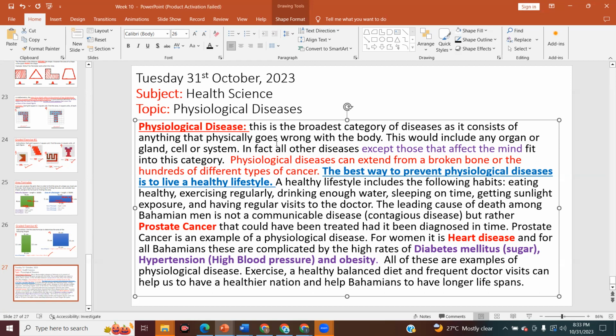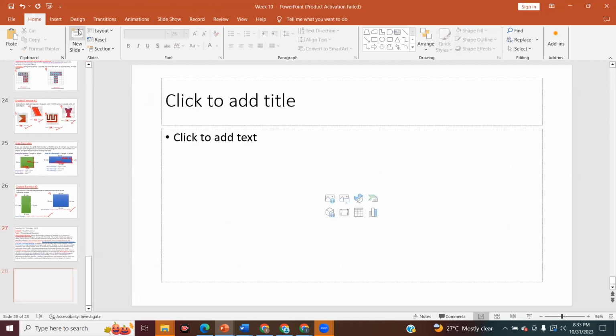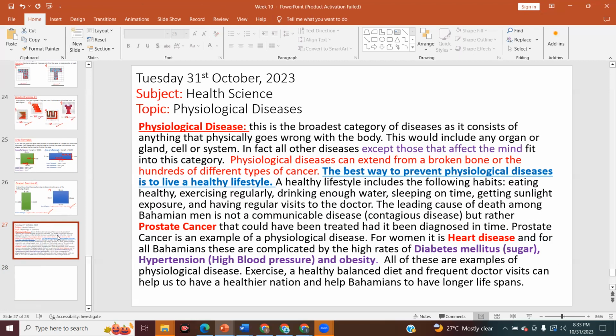All right, so the next step, let's move on to general science. By the way, I'm going to put a picture of this note inside the chat so you can have it for your reference for those who are still working with this.